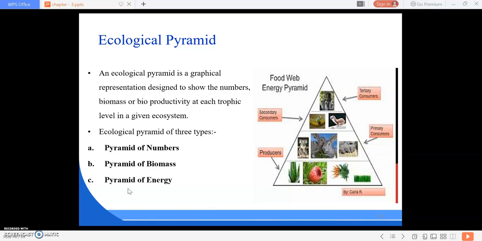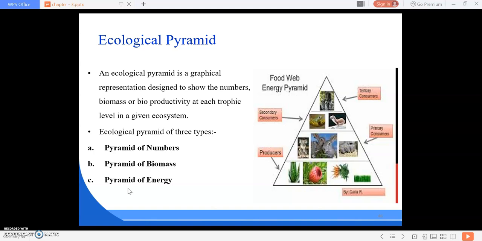Secondly, there is some sort of relationship between the numbers, biomass, and energy content of the primary producers, consumers of the first and second orders, and so on to the top carnivores in any system.